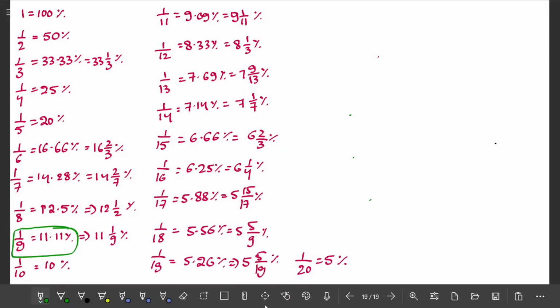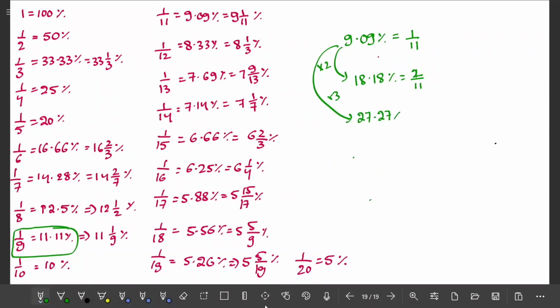Let us take one more example. 9.09%. That is 1 by 11. If I multiply this value with 2, it becomes 18.18%, which is 2 by 11. If I multiply it with 3, it becomes 27.27%, which is 3 by 11.